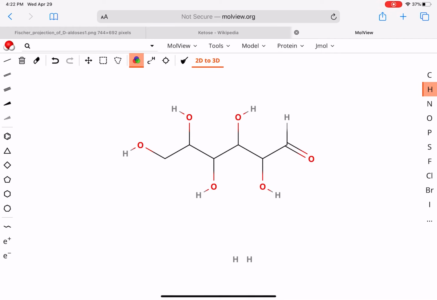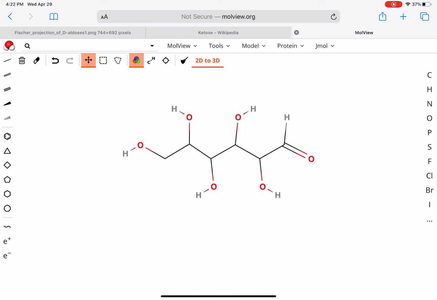So what I have here for you is a monosaccharide, and it's got 1, 2, 3, 4, 5, 6 carbons on it. And every carbon has a carbon-oxygen double bond or a single bond to oxygen.